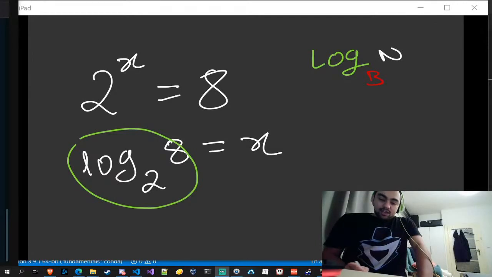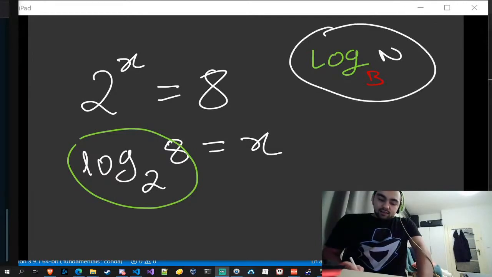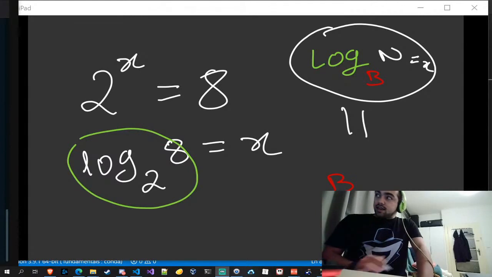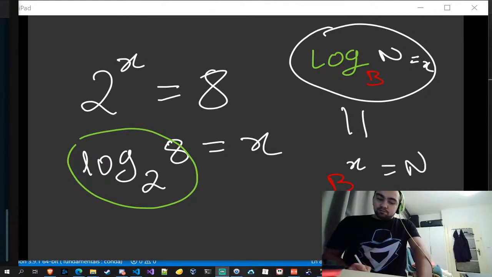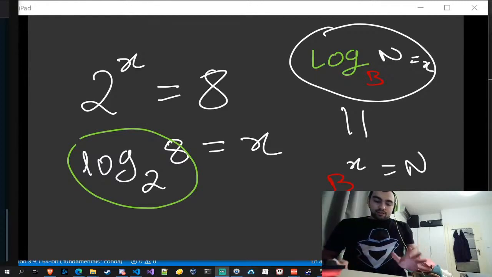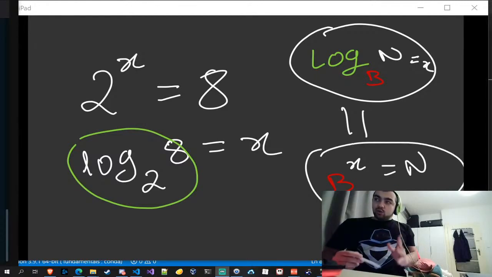And having this is the same thing as saying, let's say this equals x, B to the power of x equals n, right? It's the same thing as saying this. So we use it to figure out the answer to these kinds of questions.